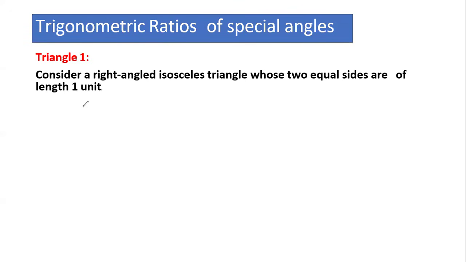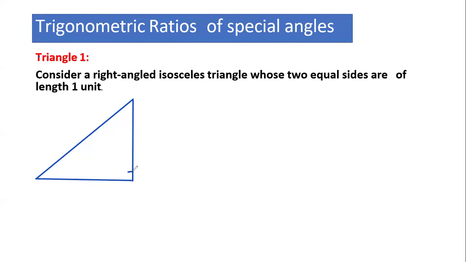So I'm going to draw my triangle. Let me see whether I will be able to come up with a good one. Yeah. So this is my triangle. And yesterday in our discussion, we agreed that whenever we are coming up with this, we need always to know where the hypotenuse is.